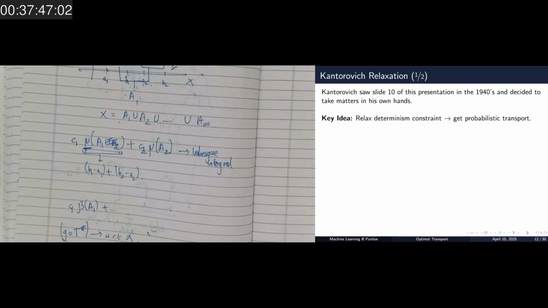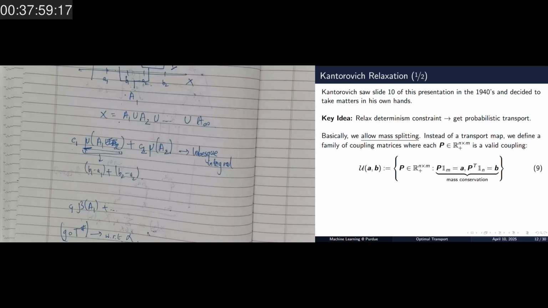The key idea was he will relax the deterministic constraint and get a probabilistic transport, which means now we are going to allow mass splitting, which previously was not possible. And this is very relevant because now this becomes a linear problem, and what Alex said about using the simplex algorithm to solve it can come into play, and we can actually solve this in an efficient manner, much more efficient compared to the Monge assignment problem.